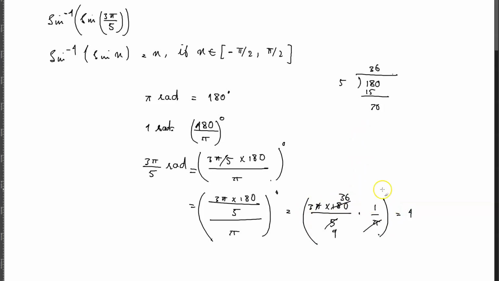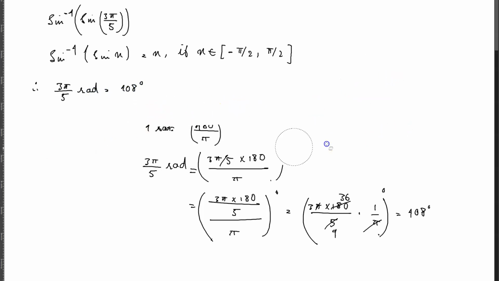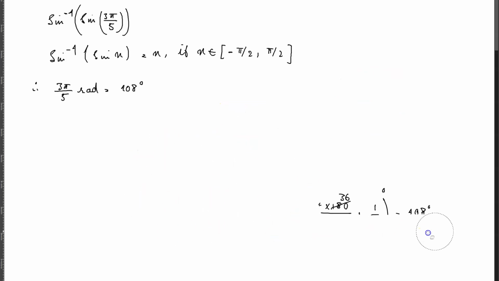That is all in degrees. That's 108 degrees. And therefore I can say that basically 3 pi by 5 radians is equal to 108 degrees. Now 108 degrees is of course outside of this domain, meaning that I have to somehow bring this angle back to this domain.